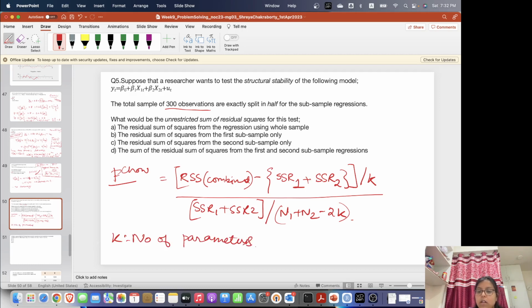Be careful, not regressors, the number of parameters to be estimated.